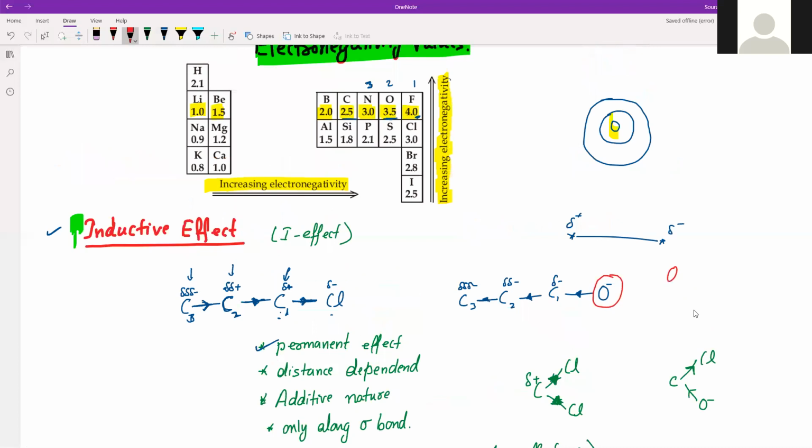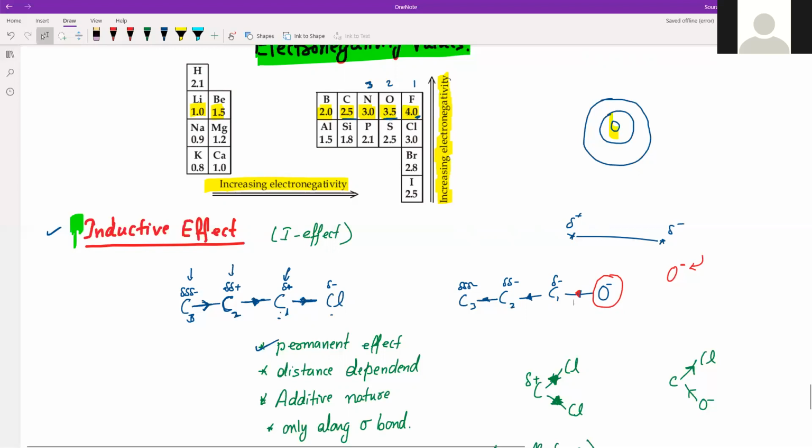O negative means something which has a high number of electrons as compared to its original state, so it has a negative charge. A negative charge, or some entity which has extra electrons, will not attract more electrons. It will actually repel electrons. That's why it is shown like this, moving away from oxygen and towards the carbon.